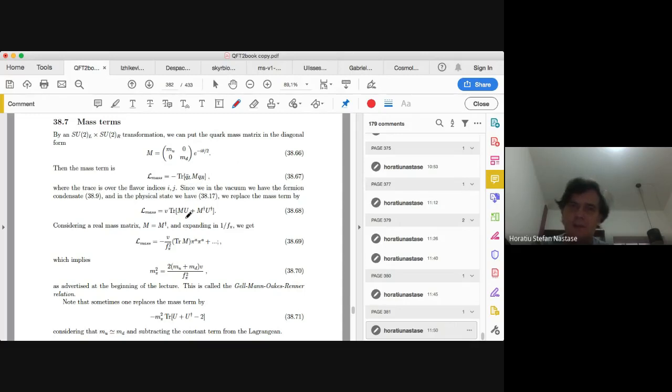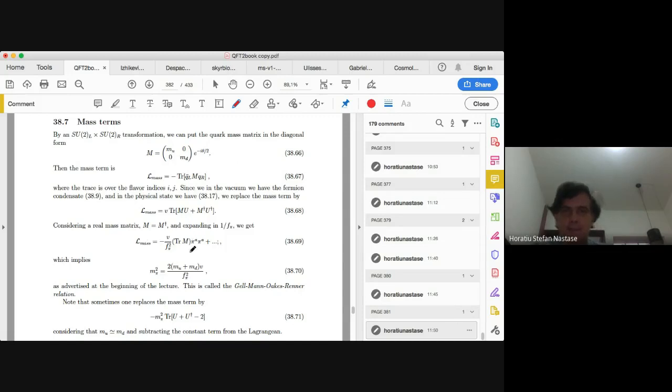And of course, this has to be real, so I have to add the dagger part. Now, if the mass matrix is real itself, so I don't have this phase, then I don't need this.